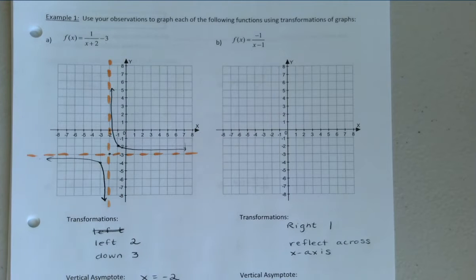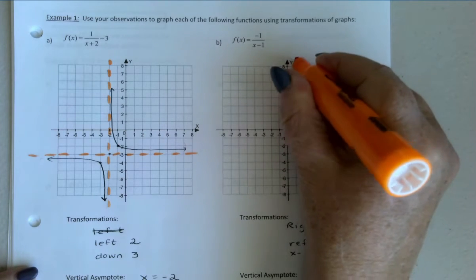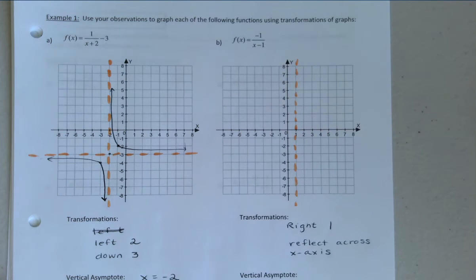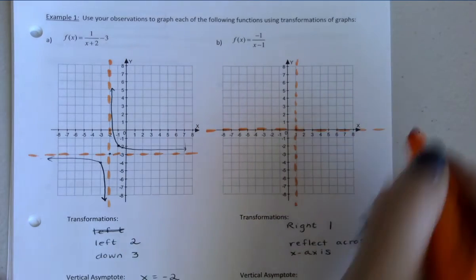In terms of my asymptotes, I'm moving right 1, so my vertical asymptote is going to go right 1. But I haven't moved up or down at all, so my horizontal asymptote is going to remain on the x-axis.